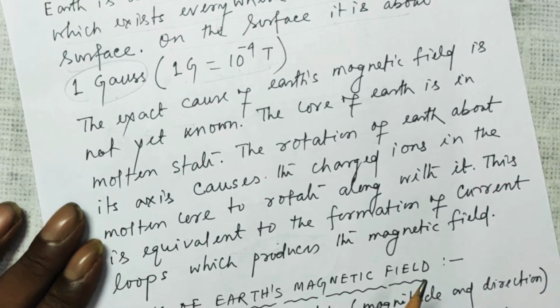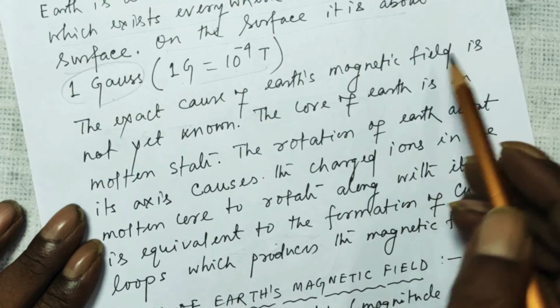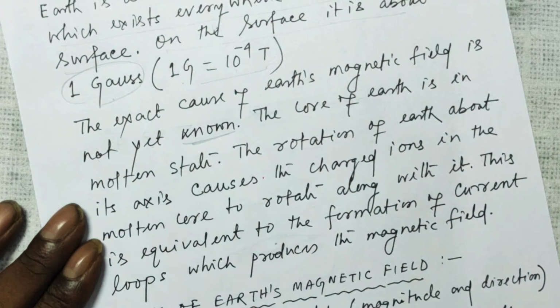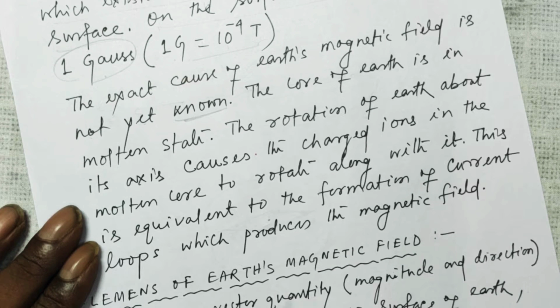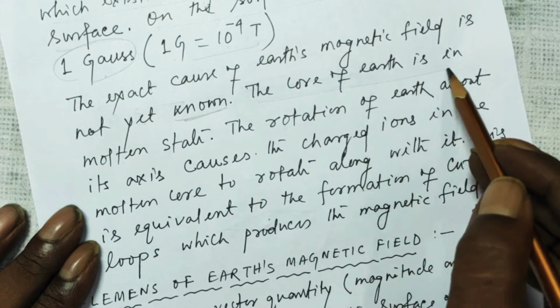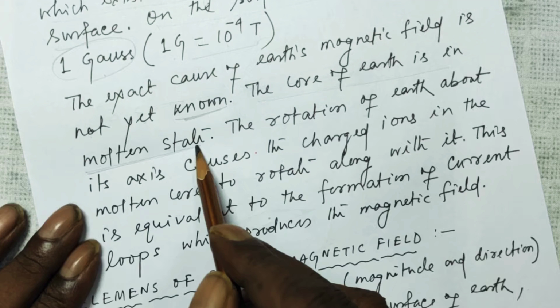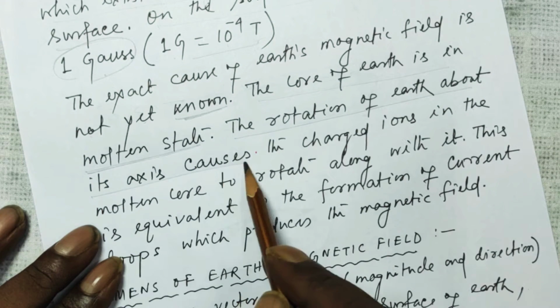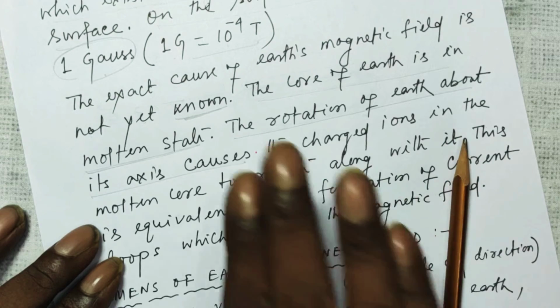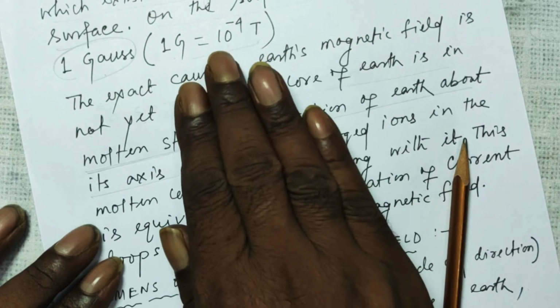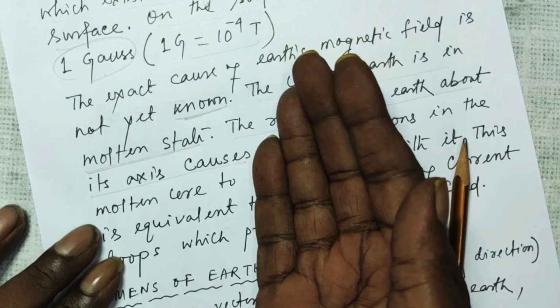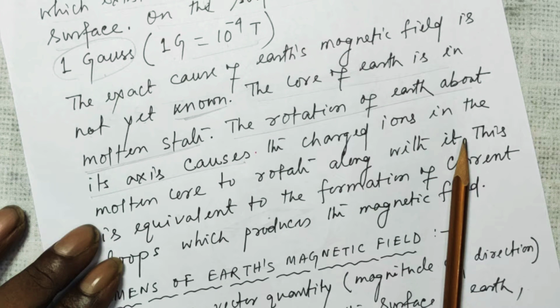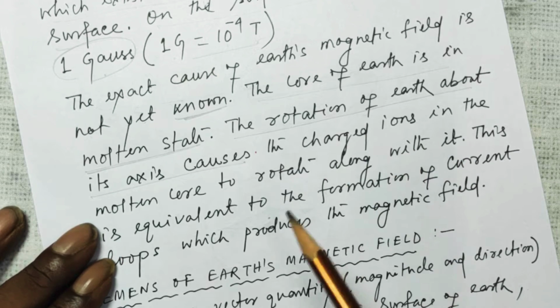Actually, the exact cause of Earth's magnetic field is not yet known. It is believed the core of the Earth is still in the molten state, and the rotation of the Earth about its axis from west to east takes 24 hours to rotate once about the axis.